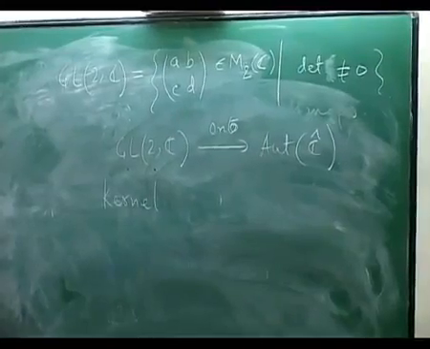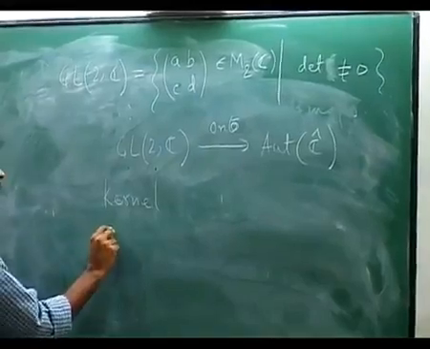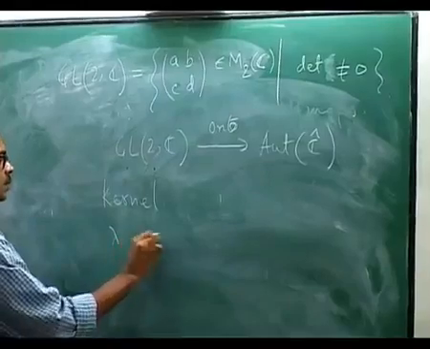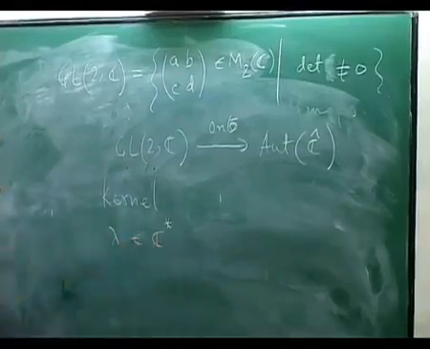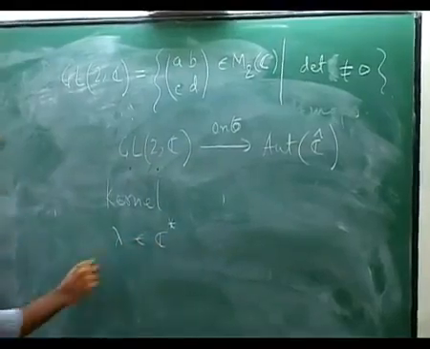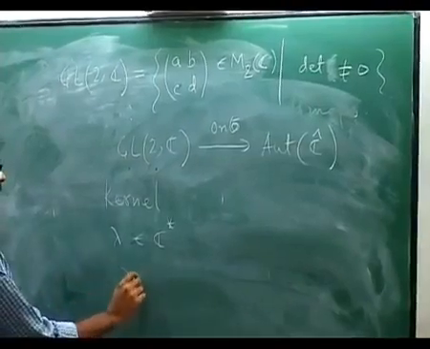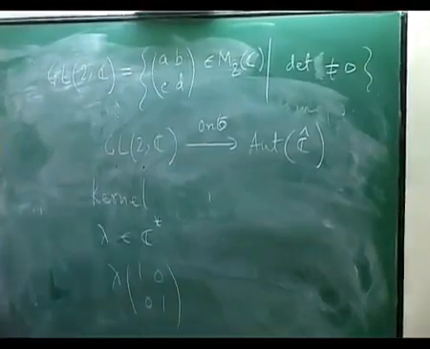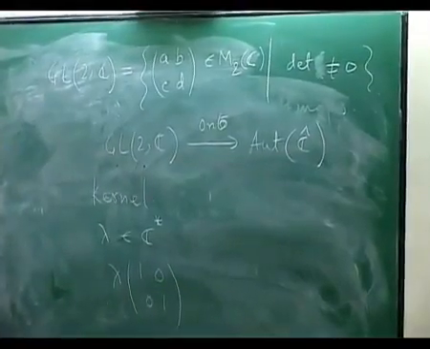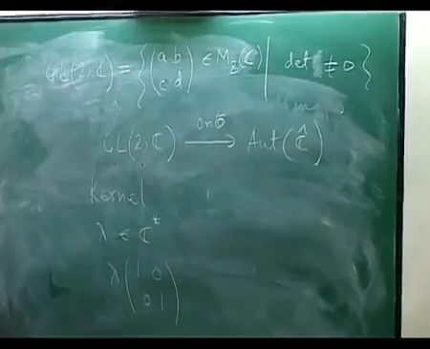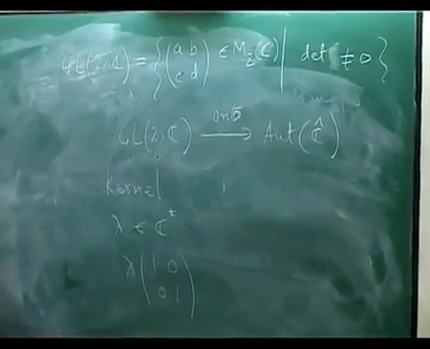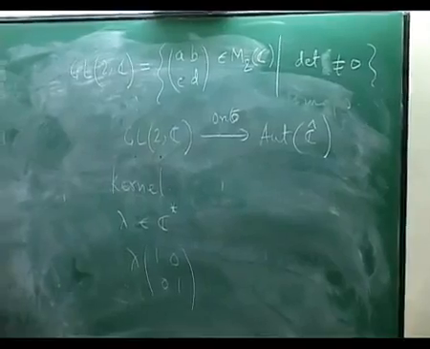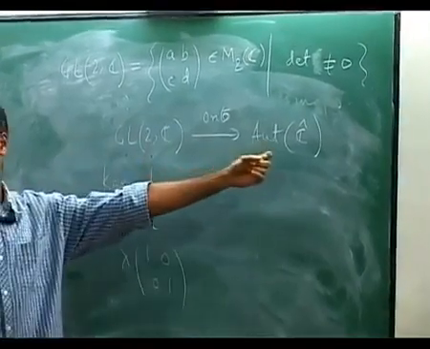So you can easily see, if you take a complex number lambda, a non-zero complex number, so belonging to this, the set of non-zero complex numbers, and then take this lambda times the identity matrix. Then these things are going to give you a trivial automorphism here.